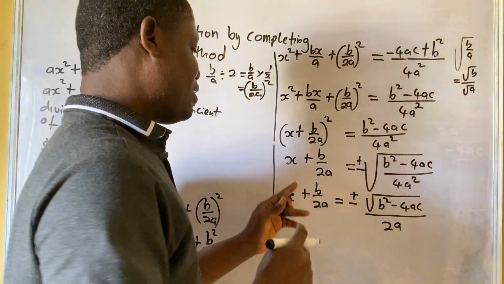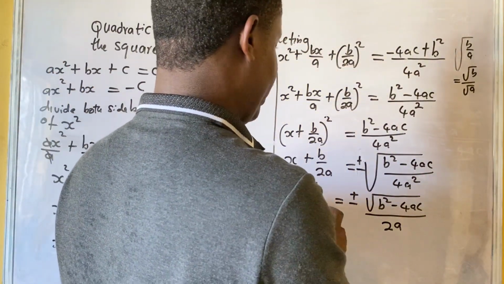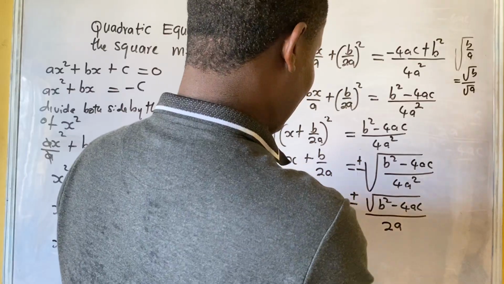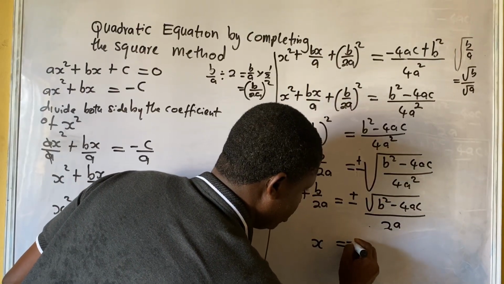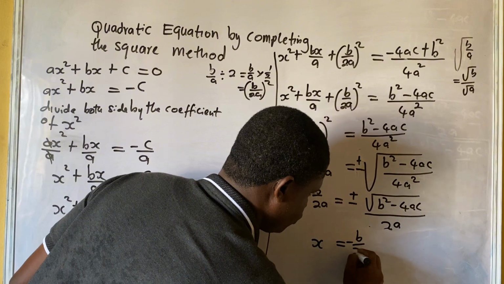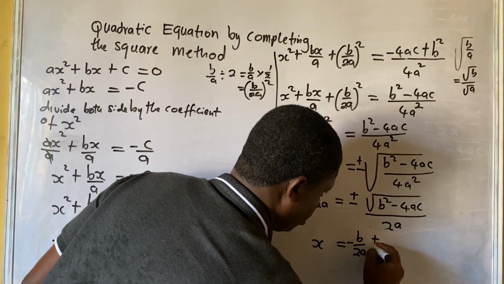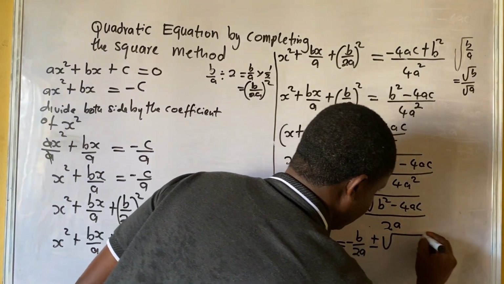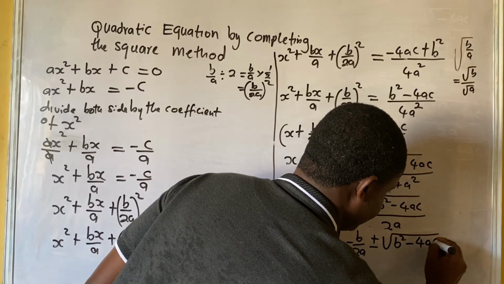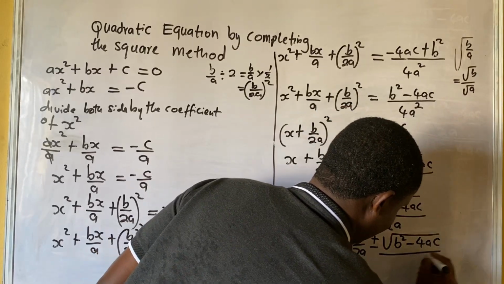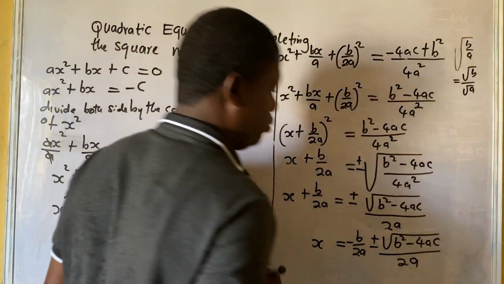So now let's transfer b over 2a to this side so that we can know the value of our x. x is equal to minus b over 2a plus or minus the square root of b squared minus 4ac over 2a, right?